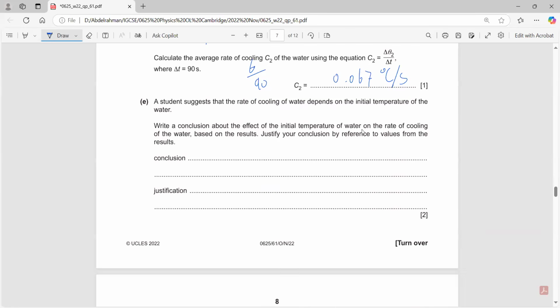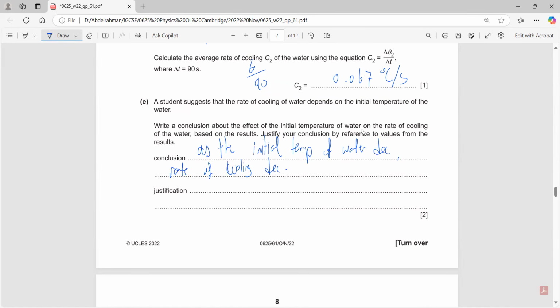So the conclusion, let's be very specific while writing down: as the initial temperature of water decreases, the rate of cooling decreases as well.